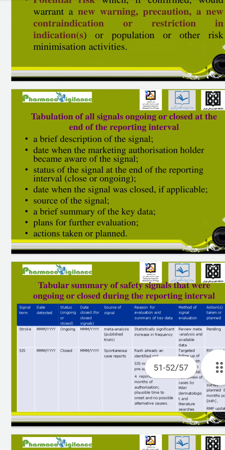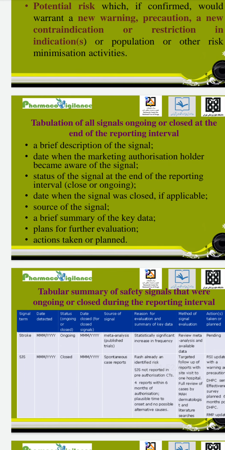Okay, what does it mean? Now we want to tabulate all of the signals we have, whether they are ongoing or closed at the end of our reporting interval. We need a brief description of the signals. We need the date when the marketing authorization holder became aware of our signals. Actually, we should warn them.